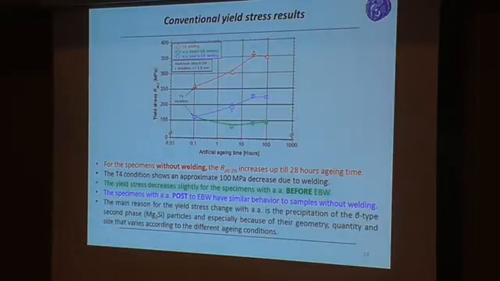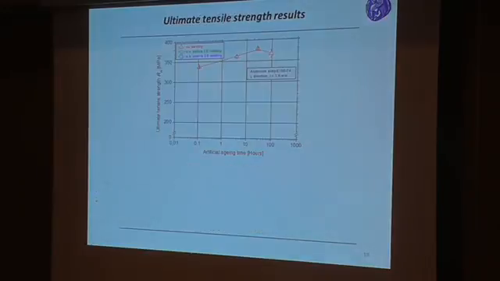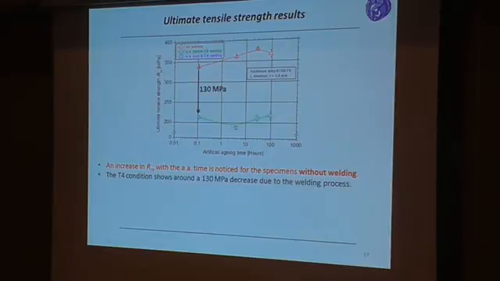The main reason for the yield stress change with artificial aging is the precipitation of beta type and second phase, and especially because of the geometry, quantity, and size that vary according to the different conditions. For the ultimate tensile strength with artificial aging, for the specimens without welding, the ultimate tensile strength increases. And again, the T4 condition decreases 130 megapascal.